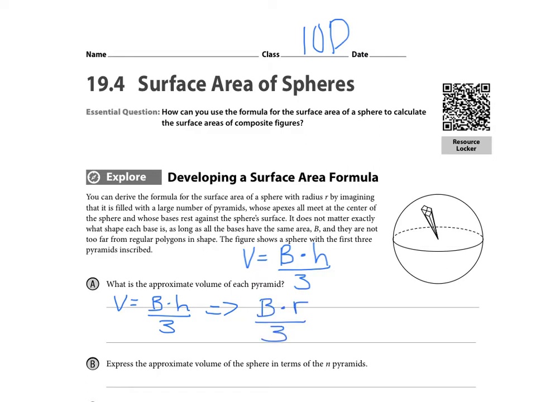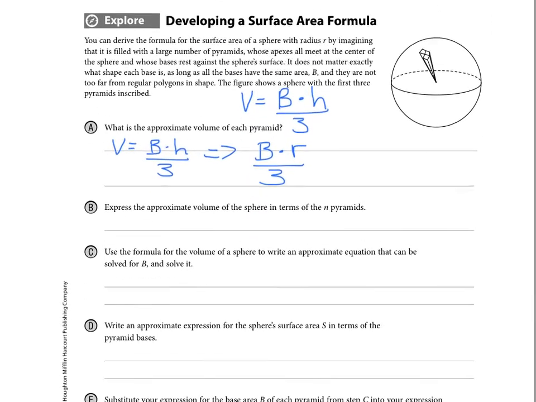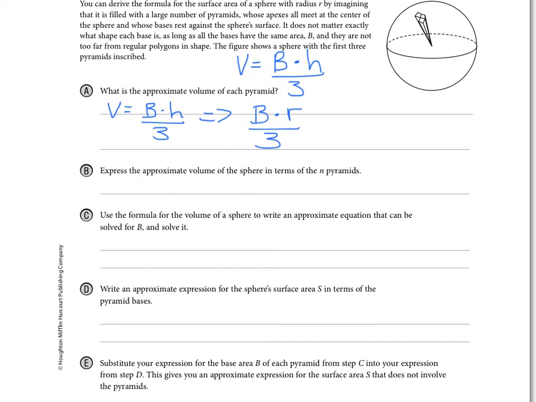Okay, so then as we continue this exploration, it says, now remember that there are n pyramids coming together at the center. All I would need to do there would be to multiply that number b r over 3 by n. So that's n times base times radius over 3. That's the approximate volume of the sphere in terms of basically adding up the n pyramids that come together at that sphere's center.